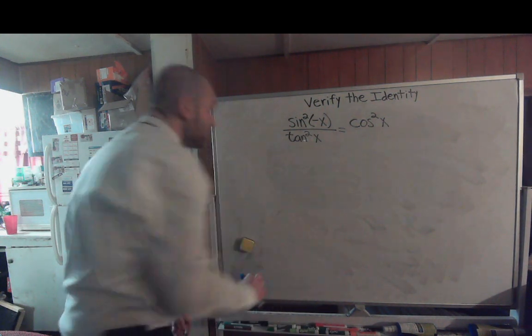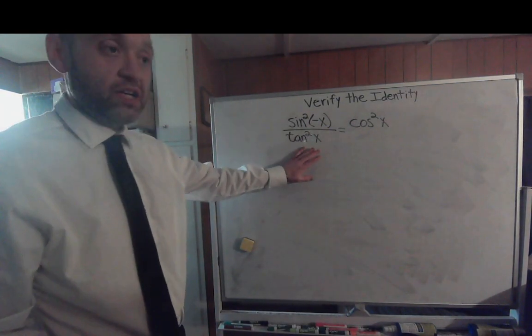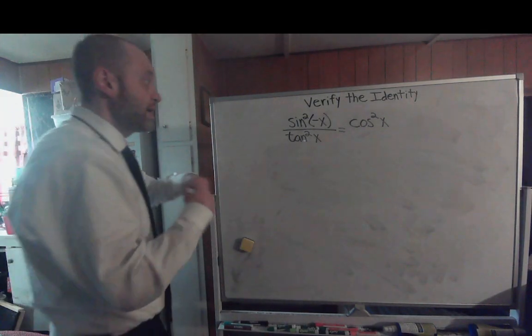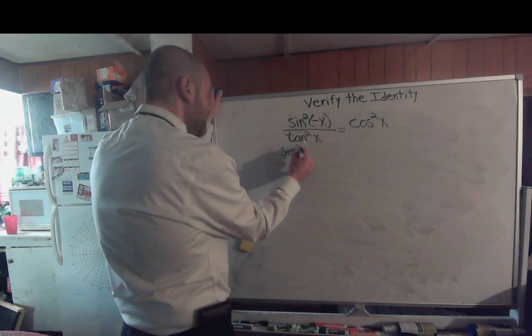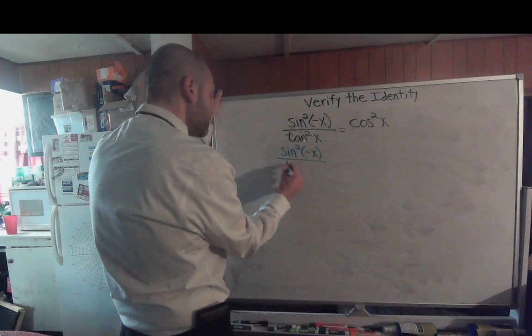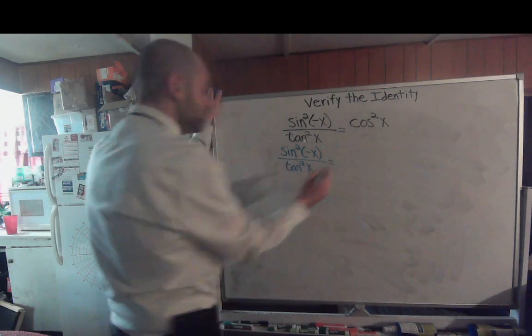Alright. So we have sine squared of negative x over the tangent squared of x equals cosine squared of x. Well, let's write out our left-hand side again. Sine squared of negative x all over the tangent squared of x equals, let's simplify this.